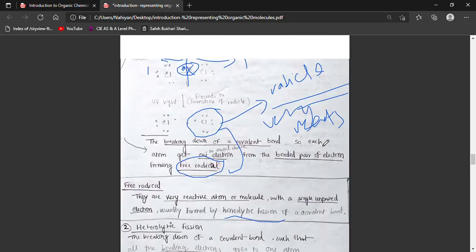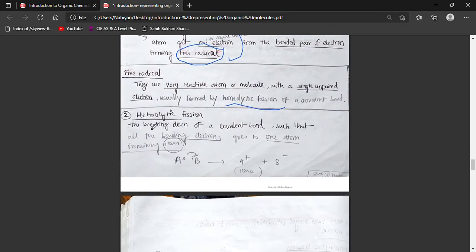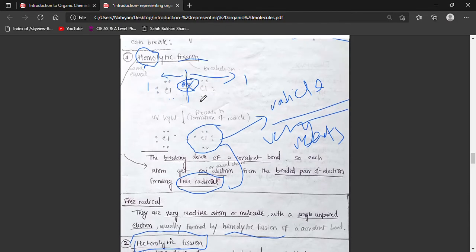Moving on, the other type of breakdown reaction we call heterolytic. Hetero is the opposite of same, so it's an unequal distribution. Here one atom is dominating: the breaking down of a covalent bond such that the bonding electrons, for example for A and B, the dot and cross were the bonded electrons, are taken by only one of the atoms, not equally shared.